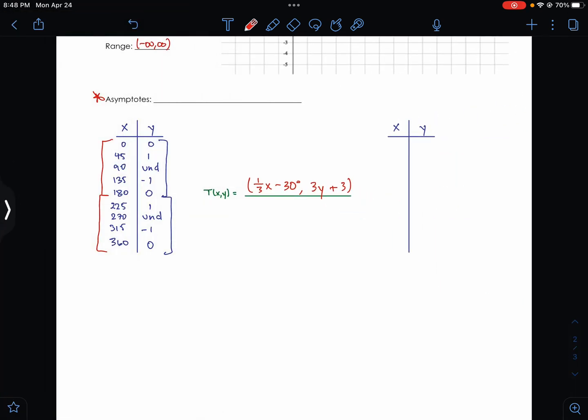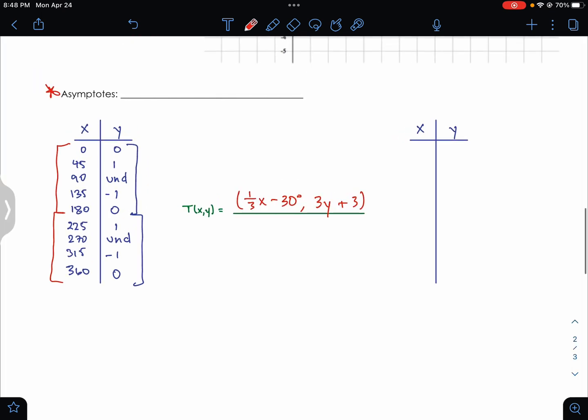We have 1/3 times 0, that's 0. That's minus 30, that's going to be -30. So our first point has an x value of -30. 1/3 of 45 is 15. 15 minus 30 is going to be -15. 1/3 of 90 is 30. Minus 30 is 0. You can start to see a pattern here, and it's going up by 15 each time.